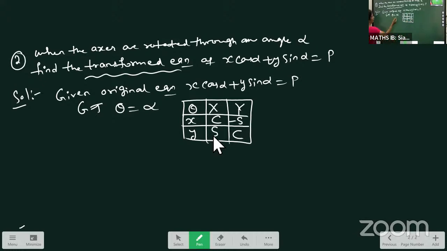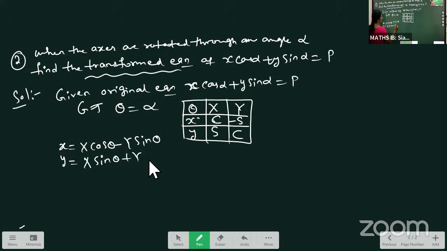Now, we want to convert small x and small y into capital X and capital Y. So for small x, from this table, small x is X cos theta minus Y sin theta. Similarly, small y is X sin theta plus Y cos theta.